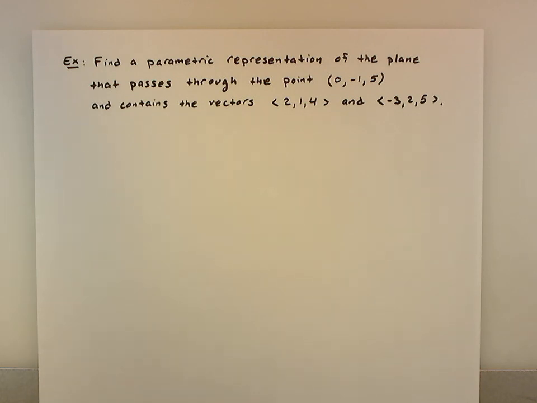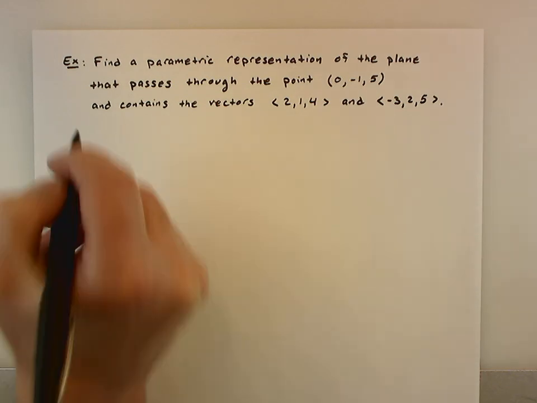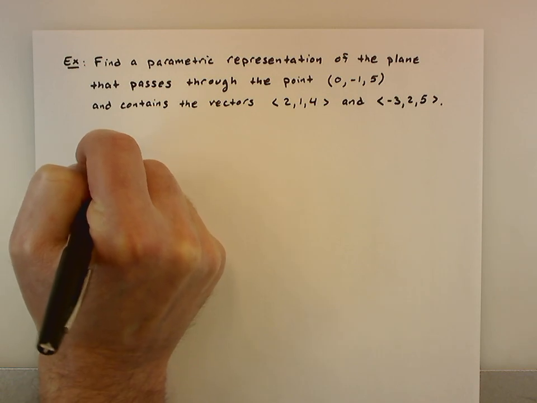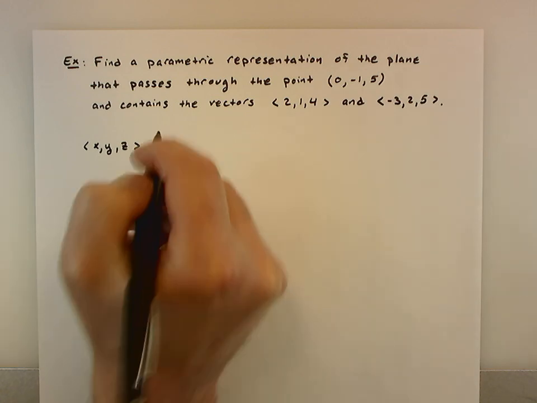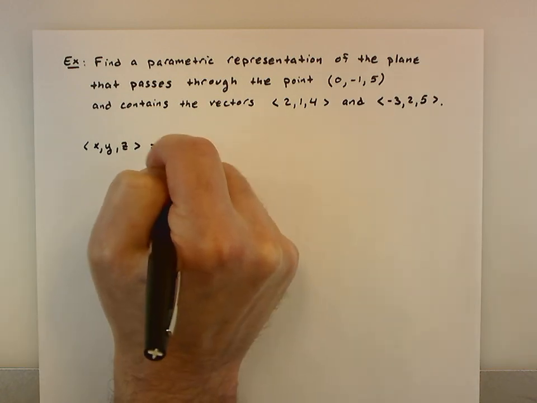So a parametric representation would be xyz is equal to the point in the plane.